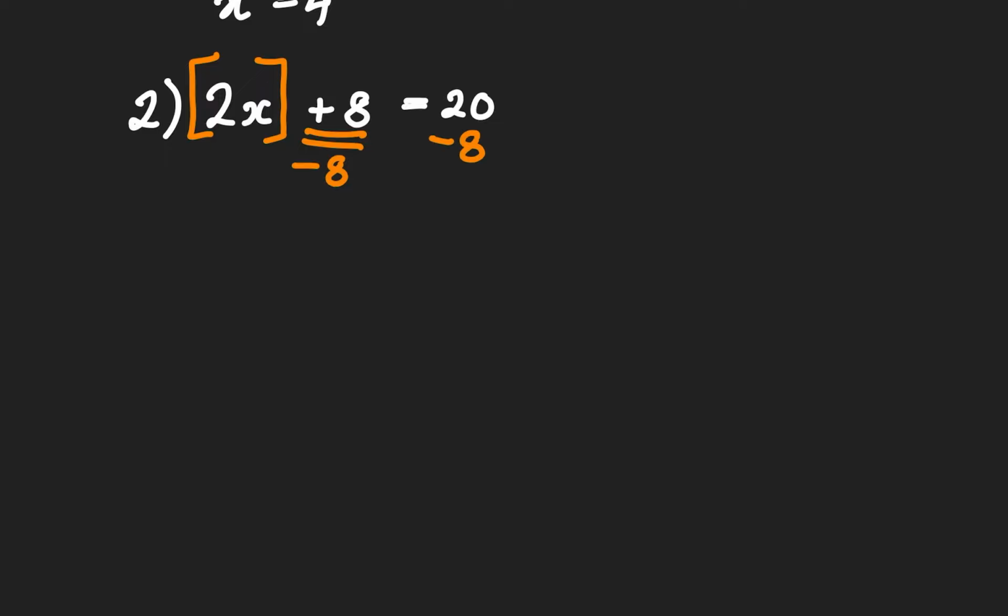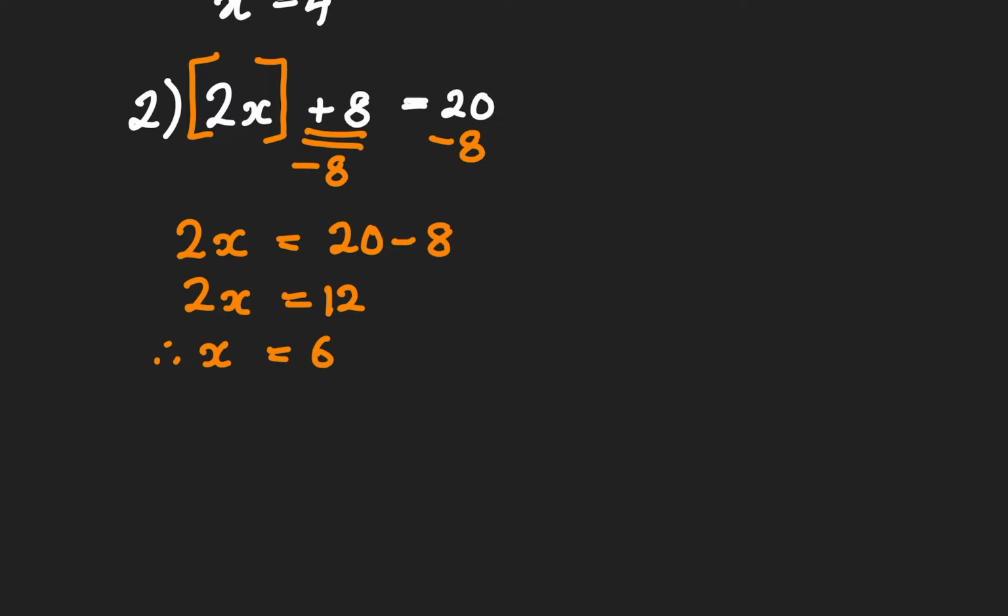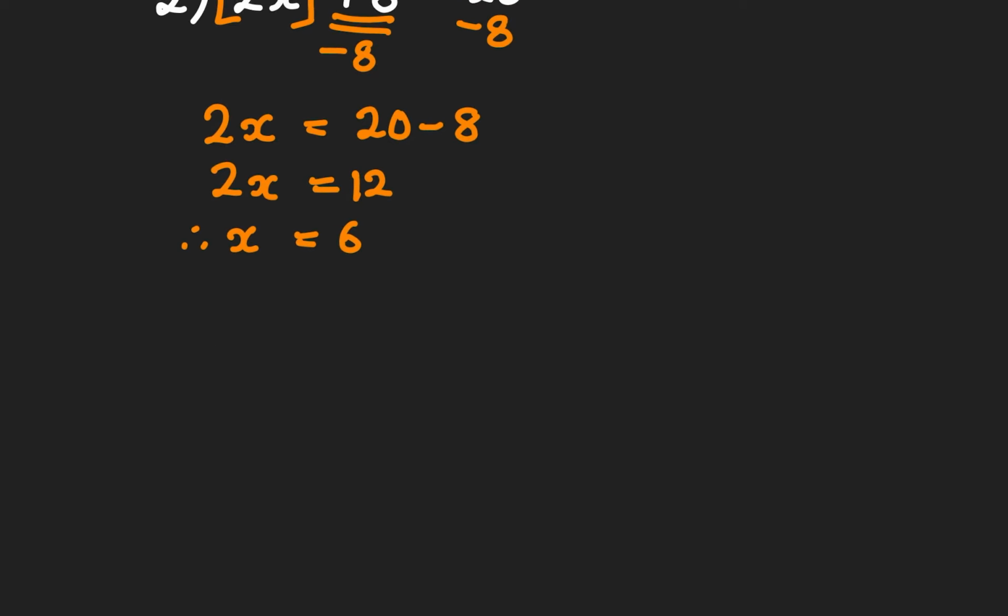So you would remain with 2x is equal to 20 minus 8. And 2x would therefore equal 12, remaining x to be 6, as 2 multiplied by 6 is equal to 12. So x is equal to 6.